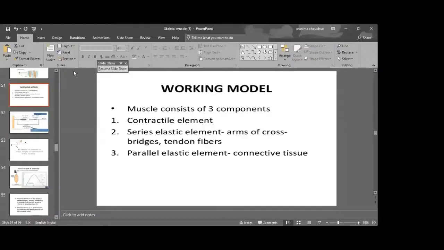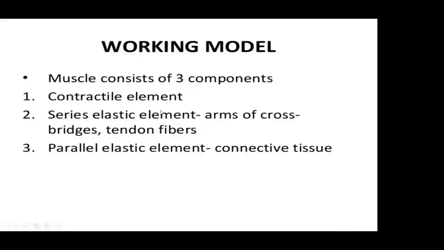So let us see about the working model of the muscle. Muscle consists of 3 components. One is the contractile component. Next are the series elastic component and the parallel elastic component.